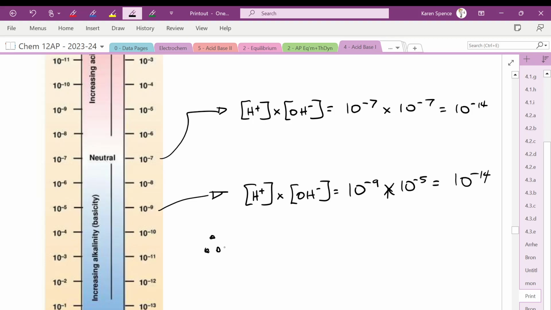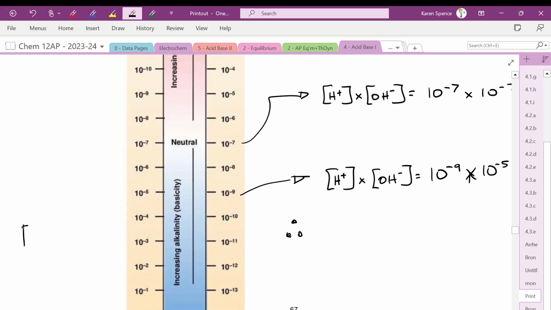So you know that just like pH plus pOH equals 14, you also know that hydrogen times hydroxide is equal to, and I'm going to write it as, 1 times 10 to the negative 14.